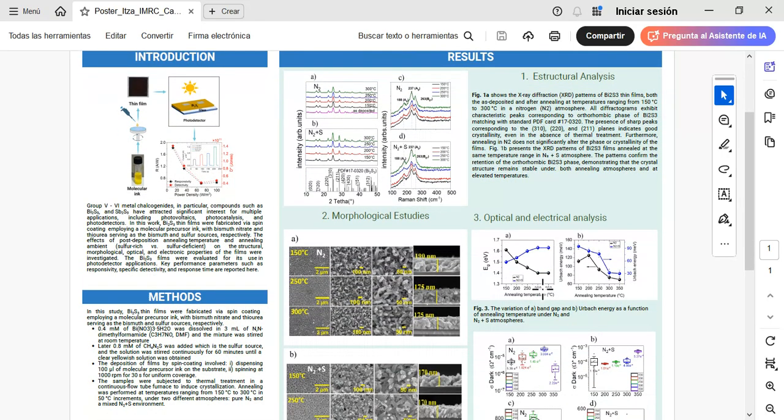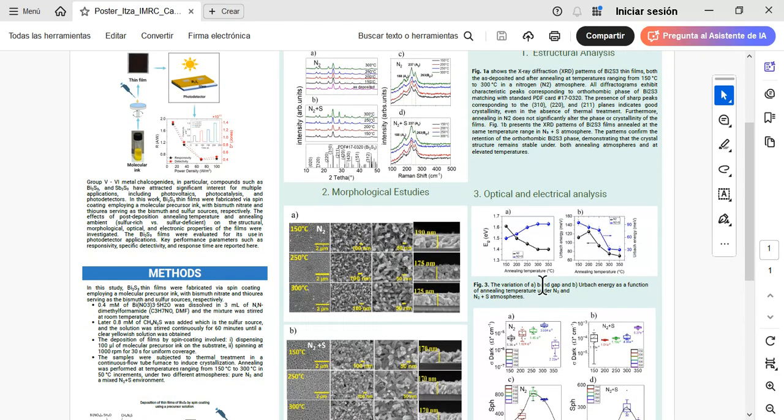In the methodology used in this study, bismuth sulfide films were fabricated via spin coating employing a molecular precursor ink with bismuth nitrate and urea serving as the sources. First, bismuth nitrate was dissolved in 3 milliliters of N,N-dimethylformamide, and the mixture was stirred at room temperature.